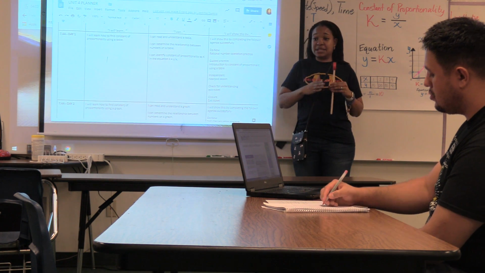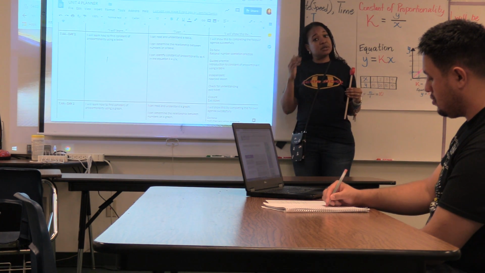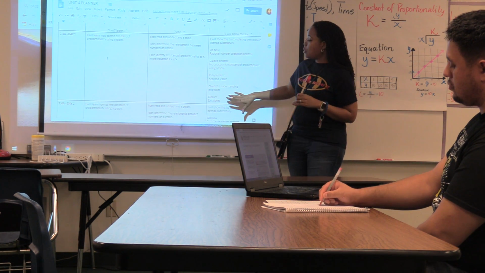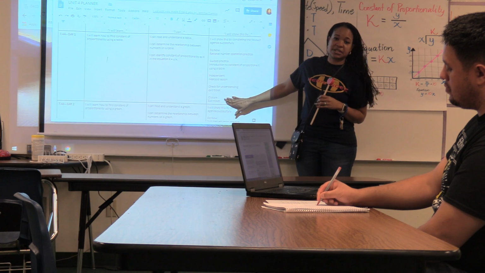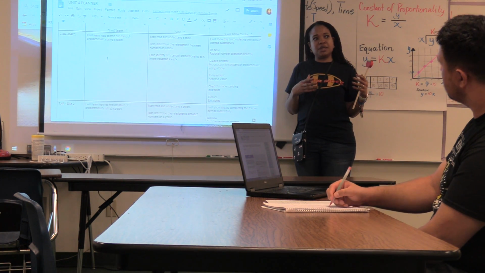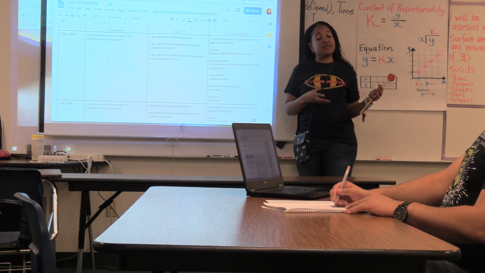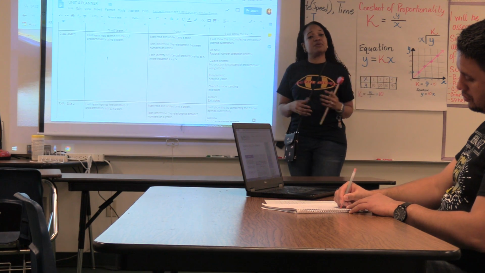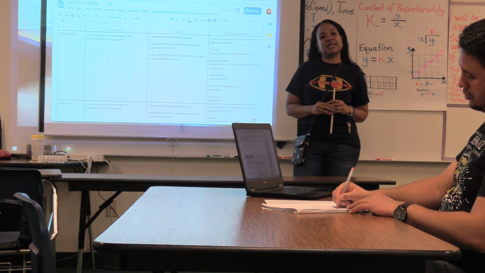There are some DCA questions that do take maybe 1 or 2 days, or even 3 days to match that rigor. But with this one, for example, the exit ticket does match the rigor of the question that is given on the DCA, where they would be given a table, and they would have to be able to find the constant of proportionality from that table.